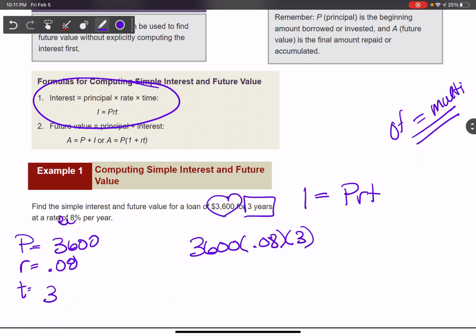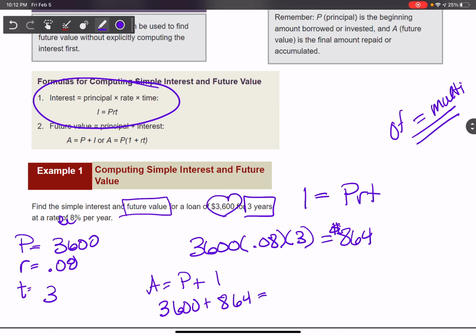All right, so my interest would be $864. The other part of my question says to also find the future value. Remember, your future value is your principal plus your interest. So my principal in this case was $3,600 plus what I earned in interest.